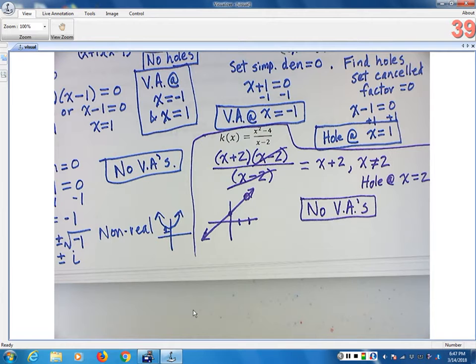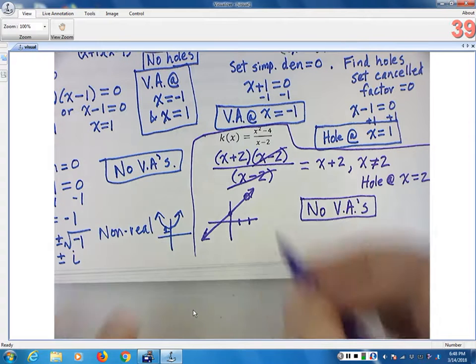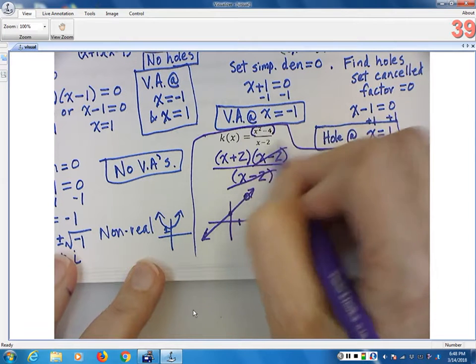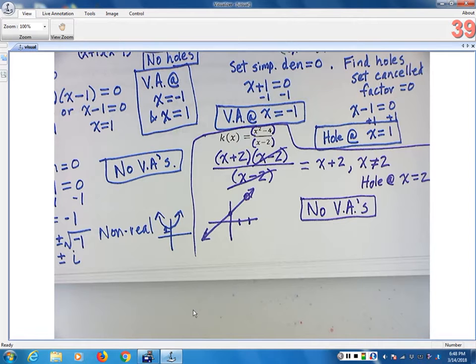If you put in x plus 2 in the calculator, you won't see that error. But it's not just x plus 2. We have to put the original function in. You would just put parentheses around these things and divide. And you could see that error on your table.